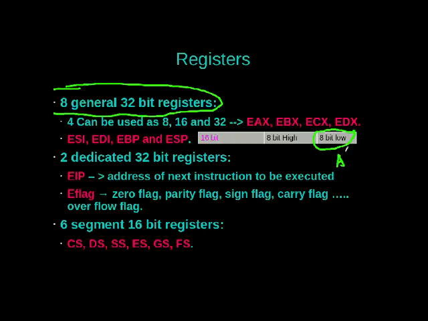If I want to use a word, or 2 bytes, I'll use AX. And if I want to use the whole 4 bytes of the register, I will use EAX, because we have 8-bit operations, 16-bit operations, and 32-bit operations. And now we have registers which are 64-bit.